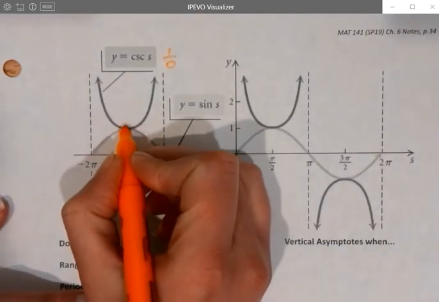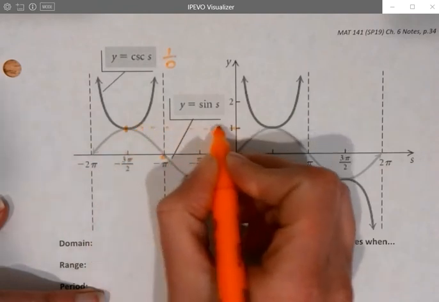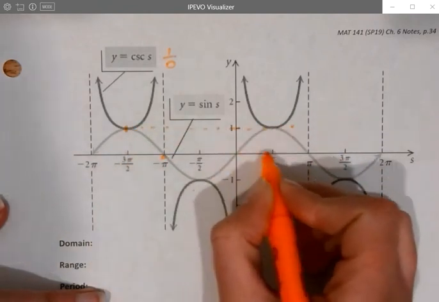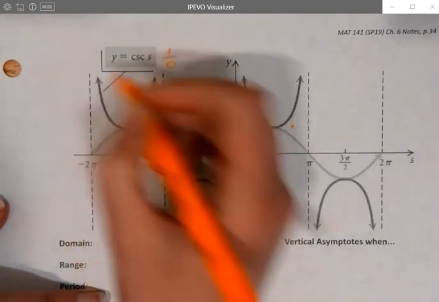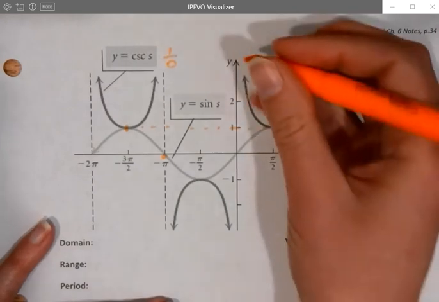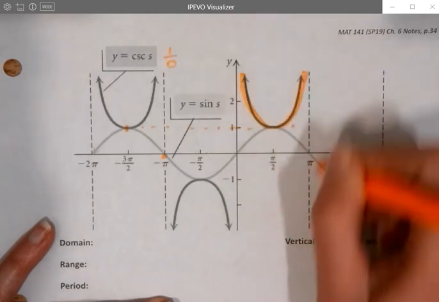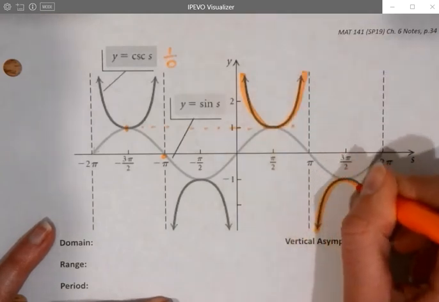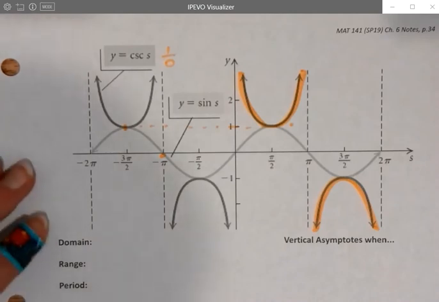Anywhere that I was at 1, I'm still at 1 for the height, because 1 divided by 1 is still 1. And anywhere I'm less than 1, if you divide by a fraction, you get large, we're going to be very large. Okay, so a period of the cosecant graph is going to include 1 up and 1 down section, so it's going to be 2 pi long, and we'll get to that in a second here.